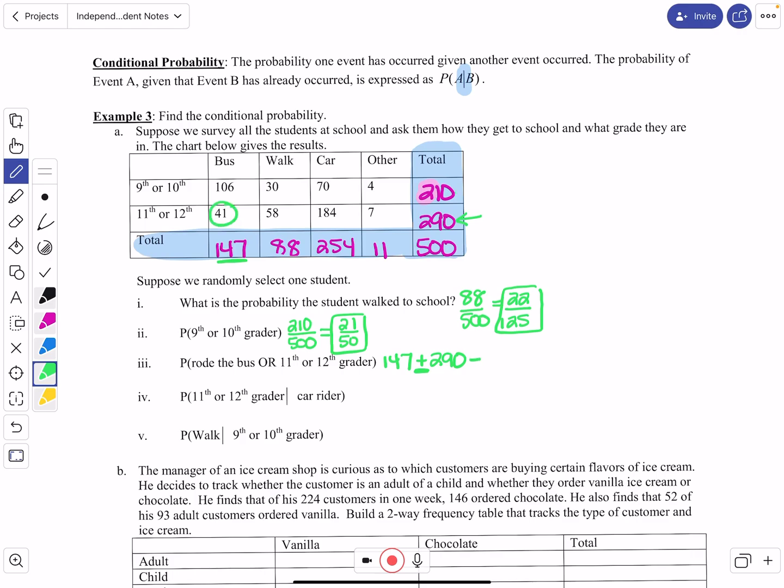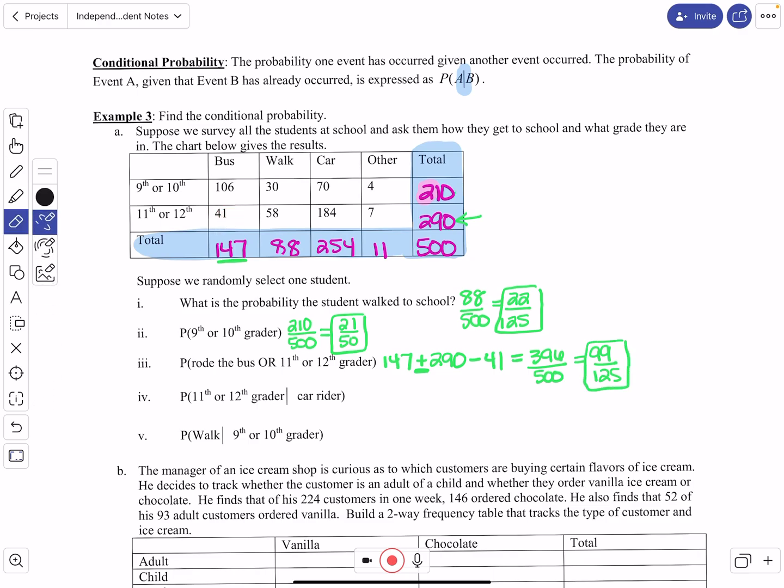So we need to subtract that because that's being added in there twice. Anytime you have an or, you need to subtract the overlap. So 147 plus 290 minus 41 is going to be 396 over 500, and then we reduce that fraction, which is going to be 99 over 125.